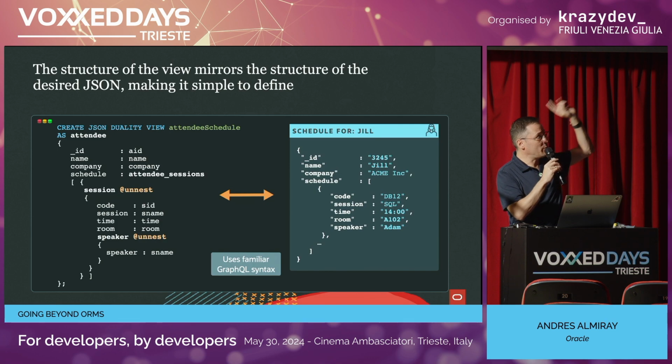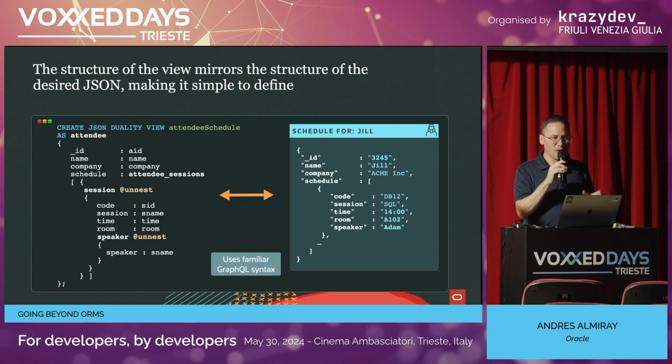Notice that we have some properties like underscore ID, name, company, and schedule, and these will map to columns on the attendee table. And then we get an array of session objects. The session will map to the session table, and then we can extract some columns mapped to JSON properties for that session. And notice that we also have some annotations like unnest.